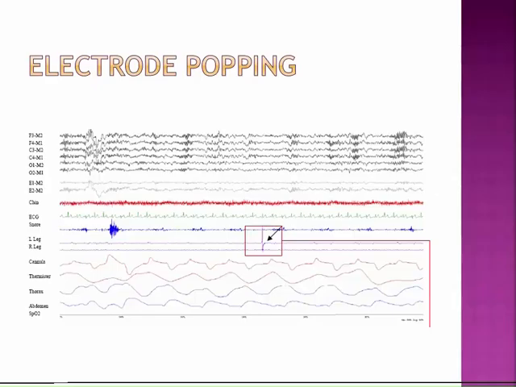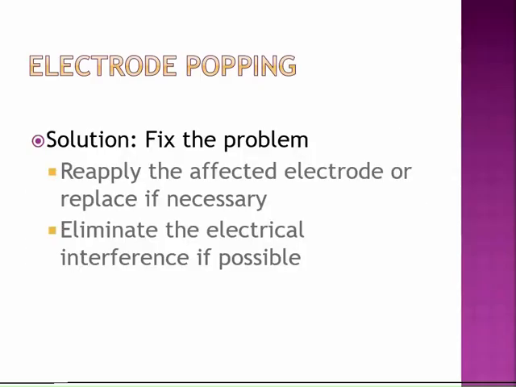It's not interfering with what I'm looking at, but if it is, then you need to go in and fix it. You need to either pull the leg leads down a little bit, give them a little more slack so they're not pulling on the snap sticker connection to the skin. If necessary, replace the snap sticker if you feel like it might have dried out. Try to eliminate any electrical interference.